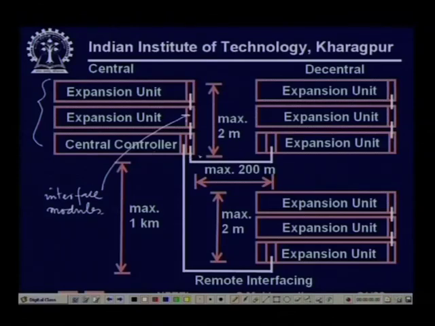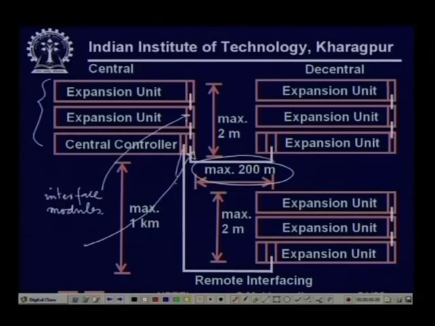For that you need a special interface unit. Typically such an interface unit has distance requirements for reliable data transmission at a certain rate. You can go up to something like 100 meters, which is a lot.